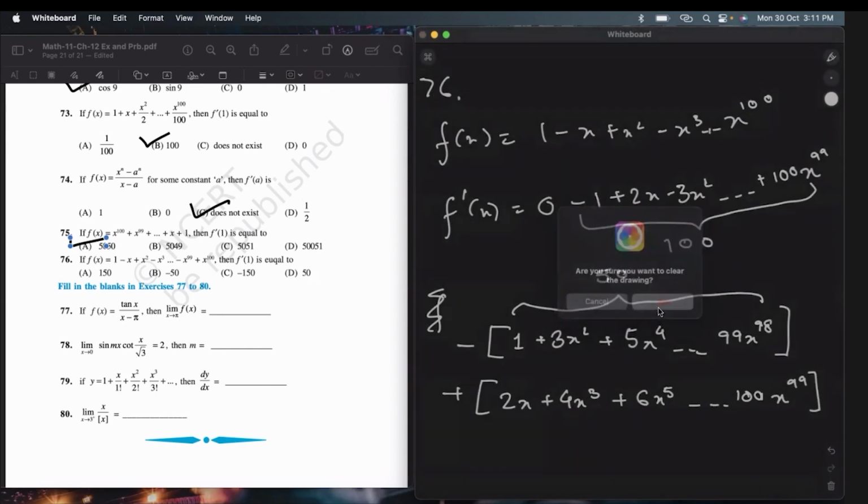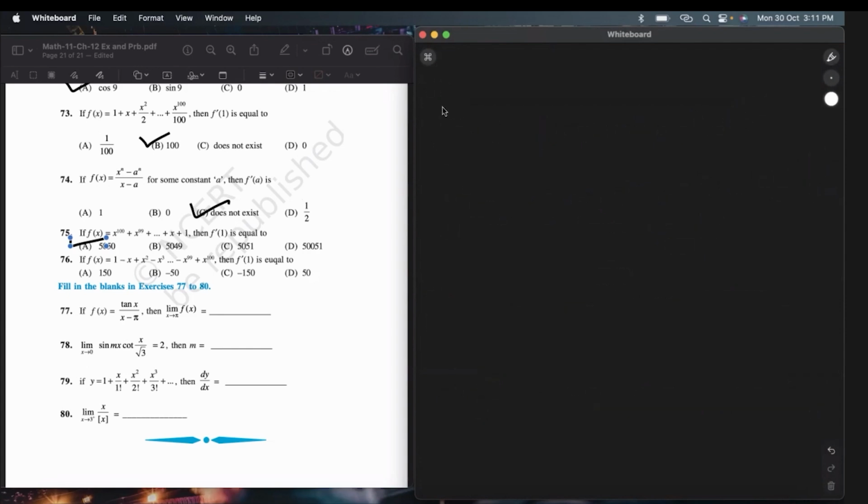Now, if I put the value x equals 1 in the above, I'll have 1 plus 3 plus 5 till 99, minus, and here I'll have plus 2 plus 4 plus 6 till 100.